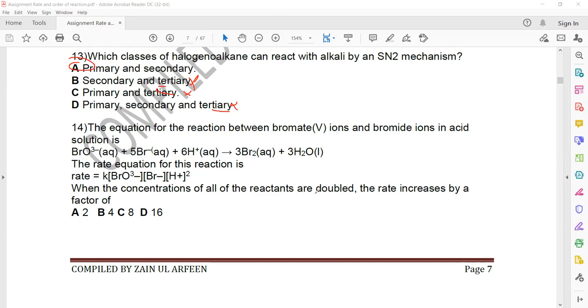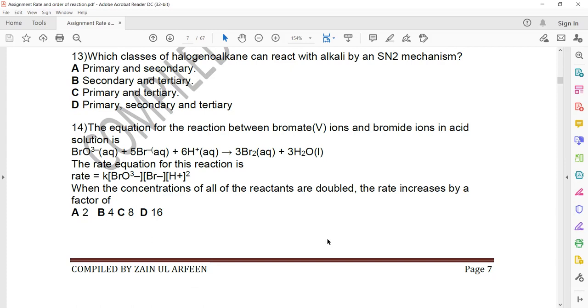Question 14. The equation for the reaction between bromate and bromide in acid is shown. The rate equation is given.